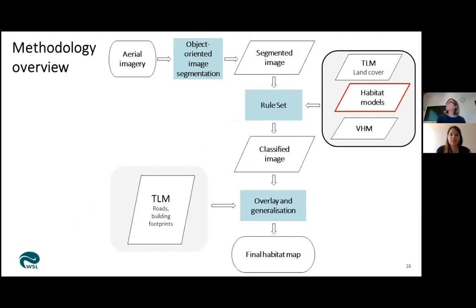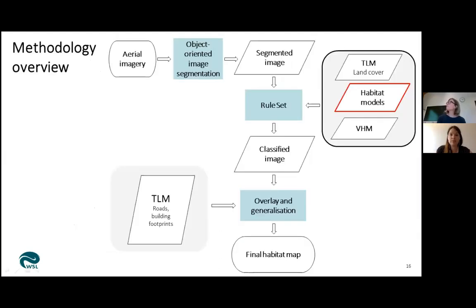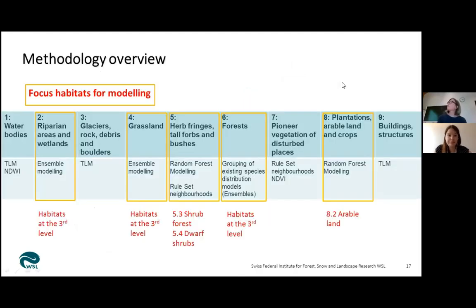So what the rest of the talk is going to focus on is the habitat models part of our work. We had quite good data already for some of the habitat groups, such as water bodies, glaciers and rocky debris, and buildings and structures.